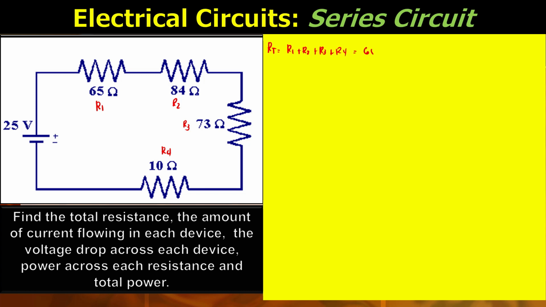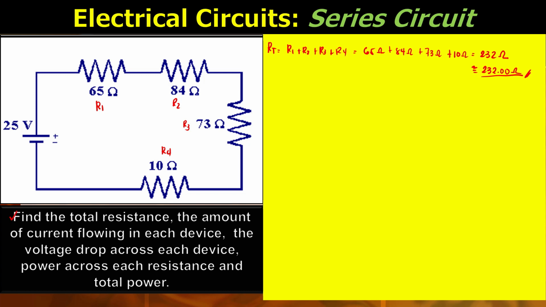So we have 65 ohms plus 84 ohms plus 73 ohms and lastly plus 10 ohms, and we have here 232 ohms. Following two digits after the decimal, our final answer will be 232.00 ohms. Okay, so we're done with the total resistance.